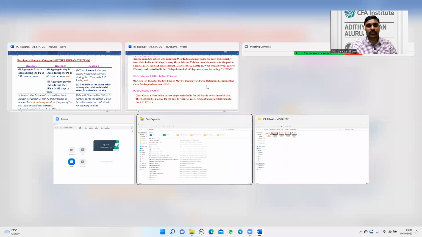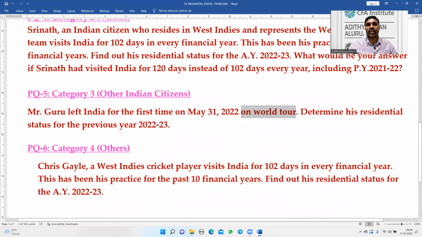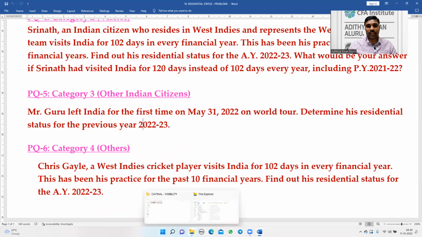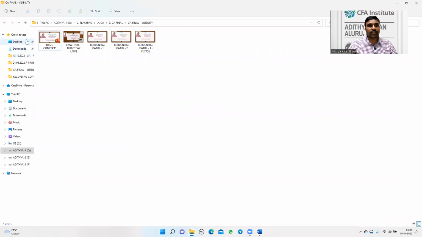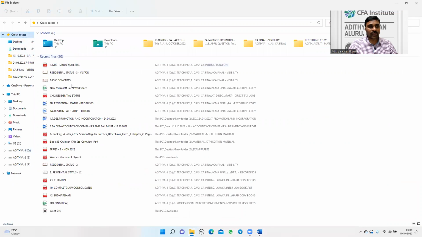We have to determine the residency status for the previous year 22-23.